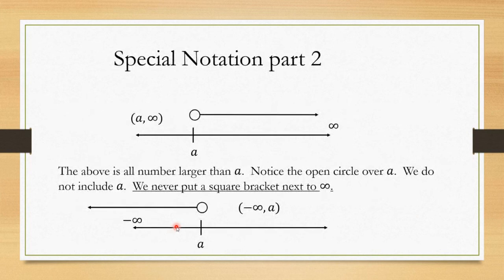All right, good. Now, with this special notation, we can actually accomplish our goal. If we wanted to include everything to the right of the number a, so before we took a to be 4, but if we want to include everything bigger than a, we're going to use this infinity symbol.